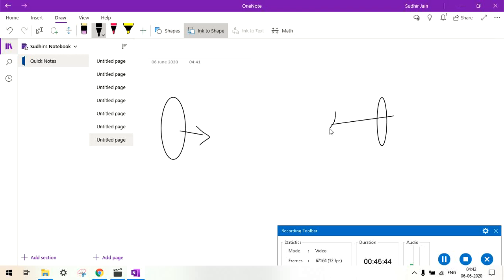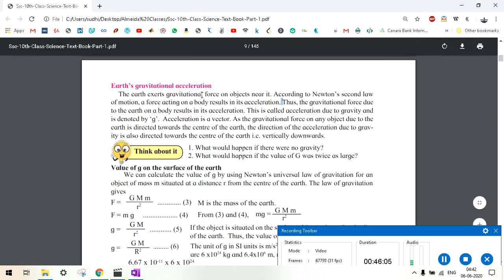Initially their speed will be very less, but once they come closer, you will see that their speed becomes too high. The increase in speed is called acceleration, the rate of change of speed.